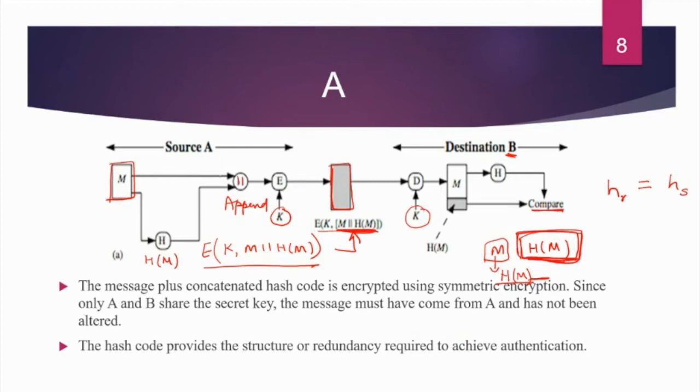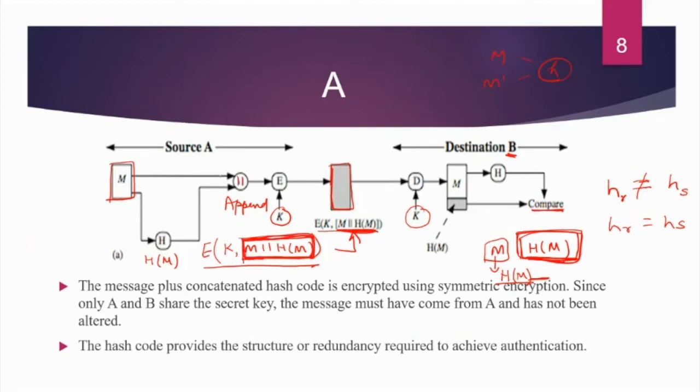We can validate the authenticity of the message because, if you remember the property, it is collision free. It is very difficult to find two different messages with the same hash value. So if the hash values are not equal, we say the message is tampered. If HR is equal to HS, we say the message is authenticated.